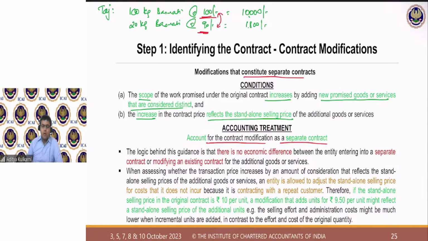Why do I do this? Why do I take it as a separate contract? There is no economic difference by entering into a separate contract or modifying an existing contract, number one. Number two, an entity is allowed to adjust the standalone selling price for costs that it does not incur because it is contracting with a repeat customer. With a repeat customer you will be comfortable about the payment terms.